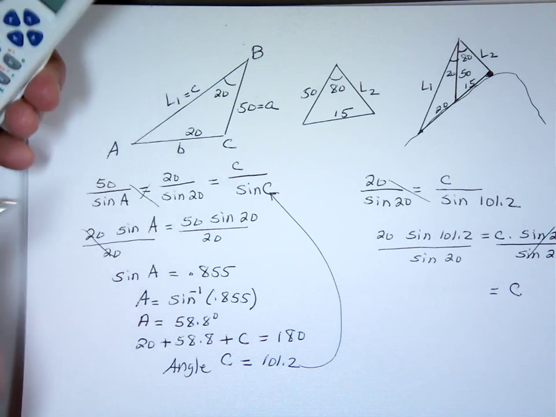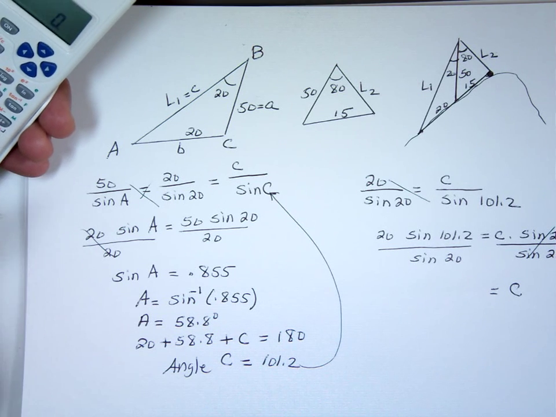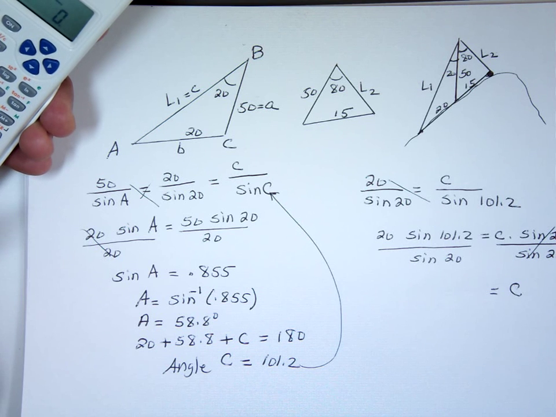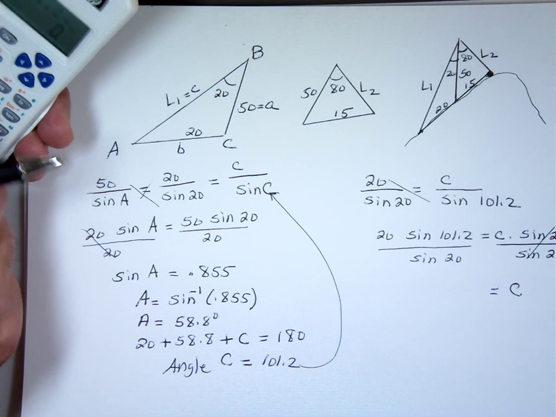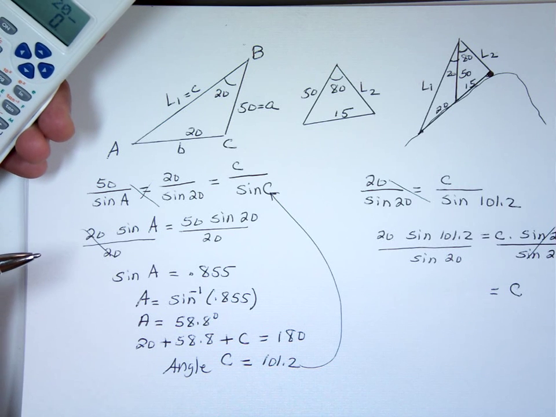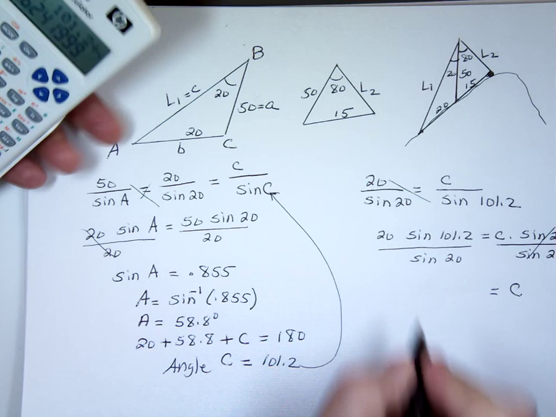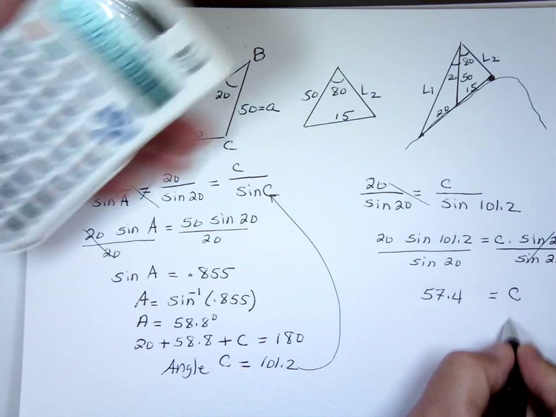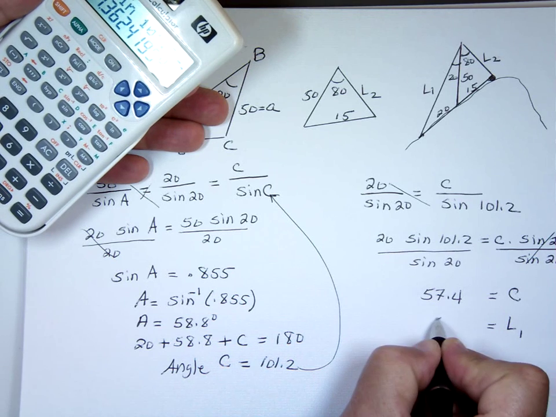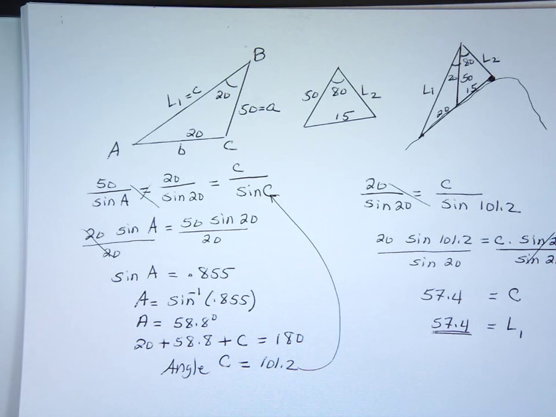Let's do the math here. 20 sine 101.2 divided by sine 20: 57.4. That's your L1. So the first cable has to be 57.4 feet long.